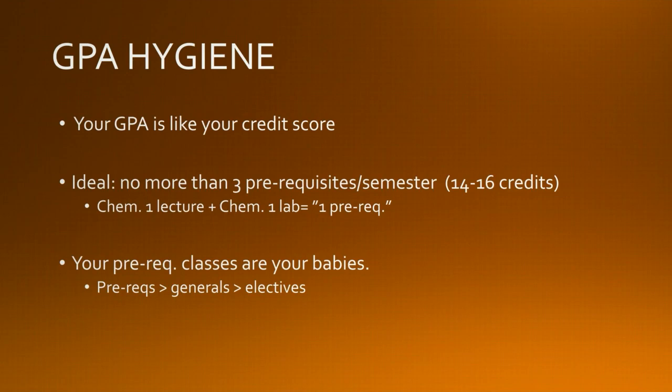So, same thing with your elective classes. Budget your time accordingly so that way you can get the best grades in your prereq classes. Again, you're shooting for A's and B's in these classes. C's, for the most part, are going to be unacceptable, and you may even want to reconsider taking the class again.